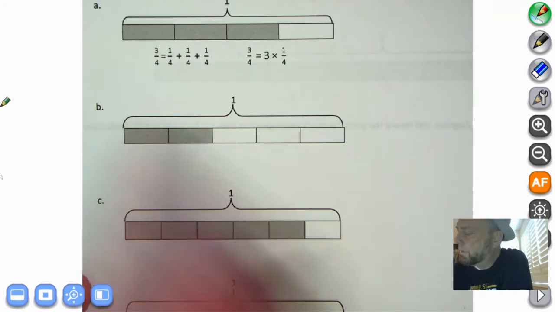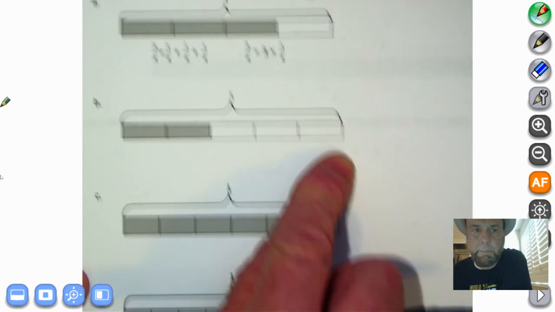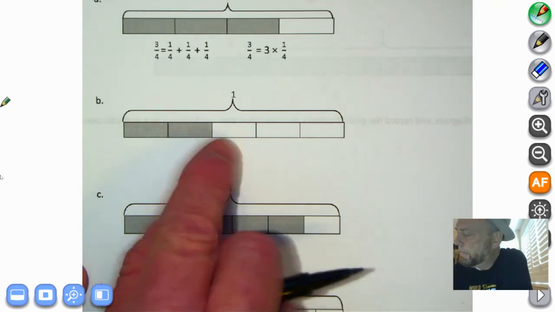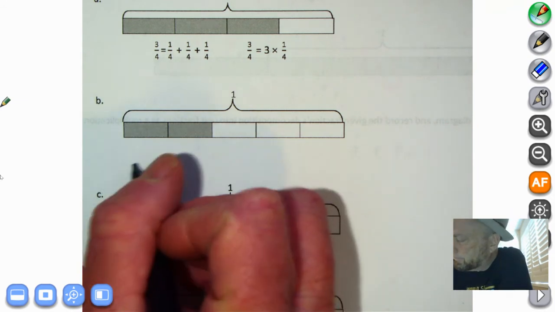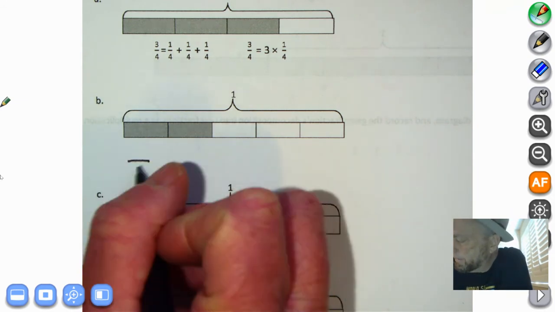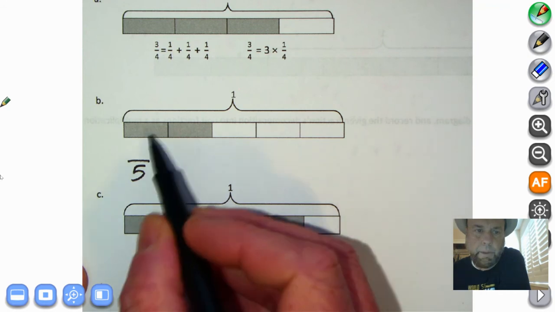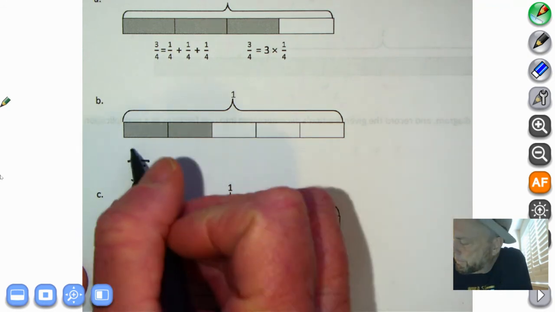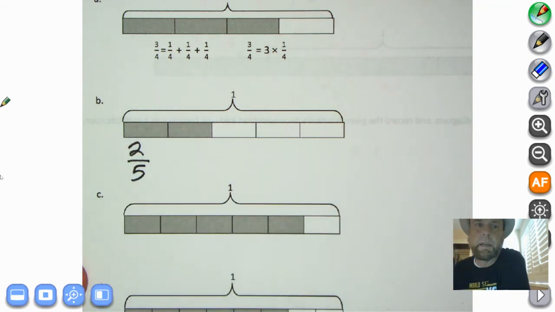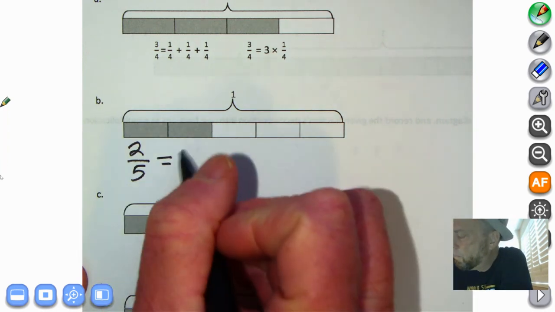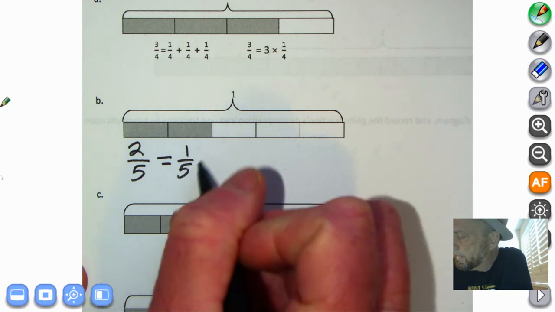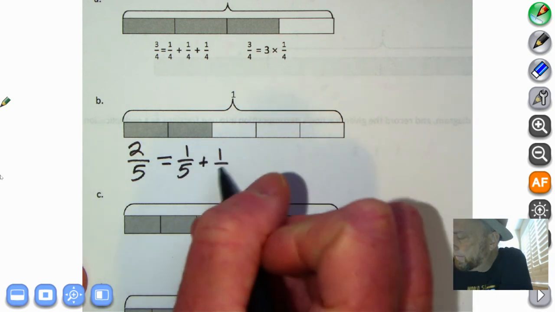All right, so we have a whole 1 right here, but how many parts are there? 1, 2, 3, 4, 5. So I know that's going to be my denominator. So I'm going to put a 5 here. What's my numerator? Well, 1, 2. It looks like I have 2/5. Okay? What does 2/5 equal? In this case, we're going to go 1/5 plus 1/5, right?